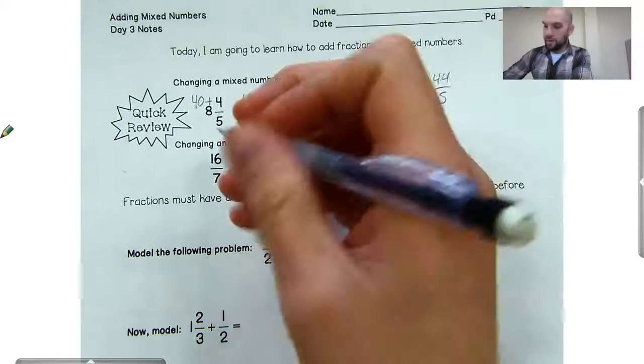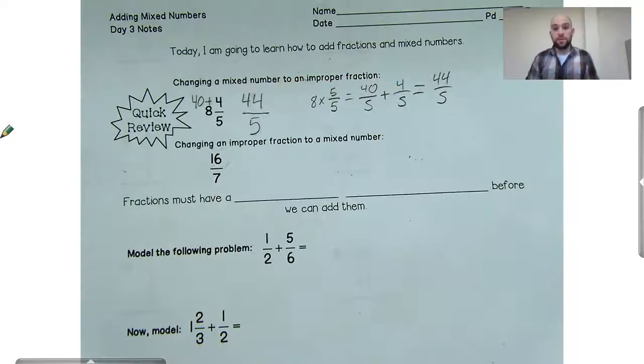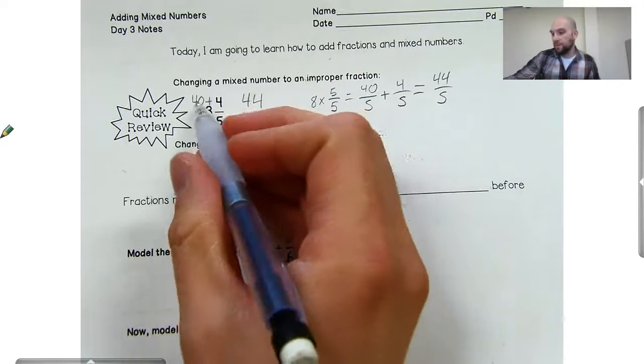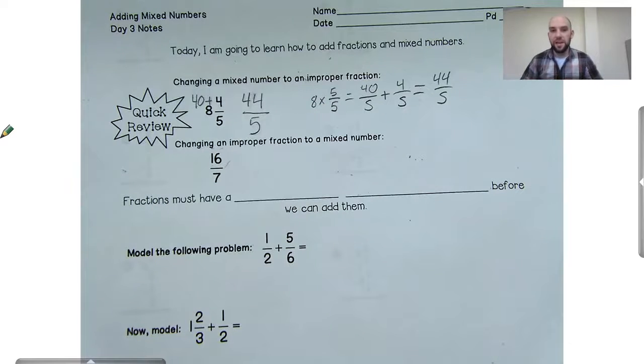But the really quick way to do that is just to multiply by our denominator, because when we want a fraction that's equal to 1, our denominator and our numerator will be the same number. So I just quickly go 8 times 5 is 40 plus 4, and that gives me my numerator, and my denominator stays the same.